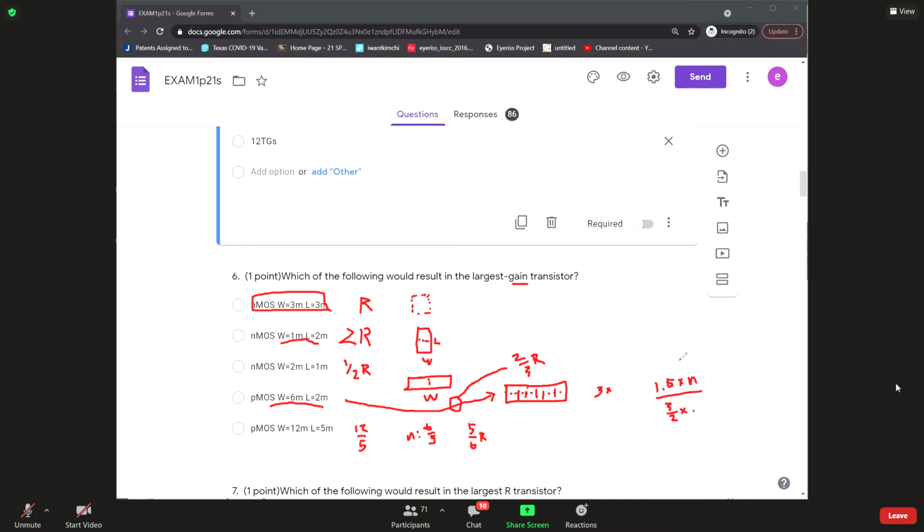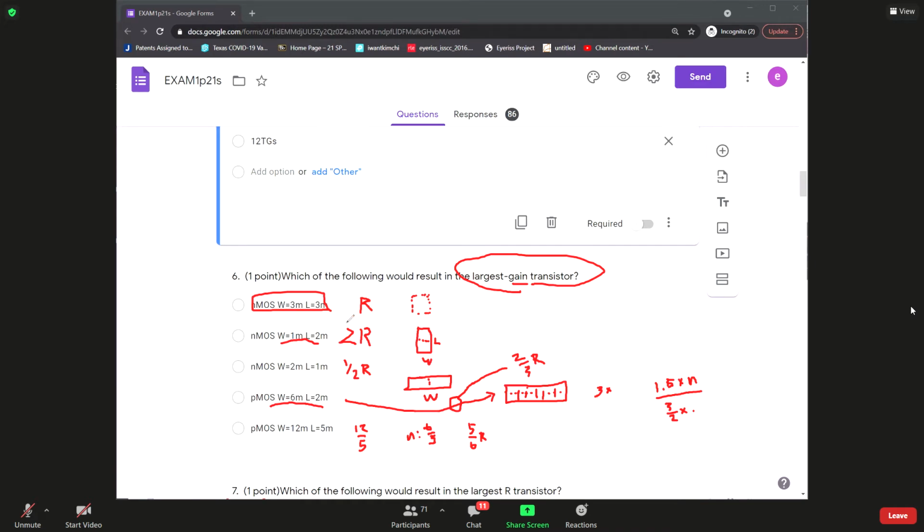Yeah. Now let's get to that last question, or actually the original question. Which one has the largest gain? R, 2R, half an R, 5/6R, 2/3R. Which one of those 5 has the largest gain?